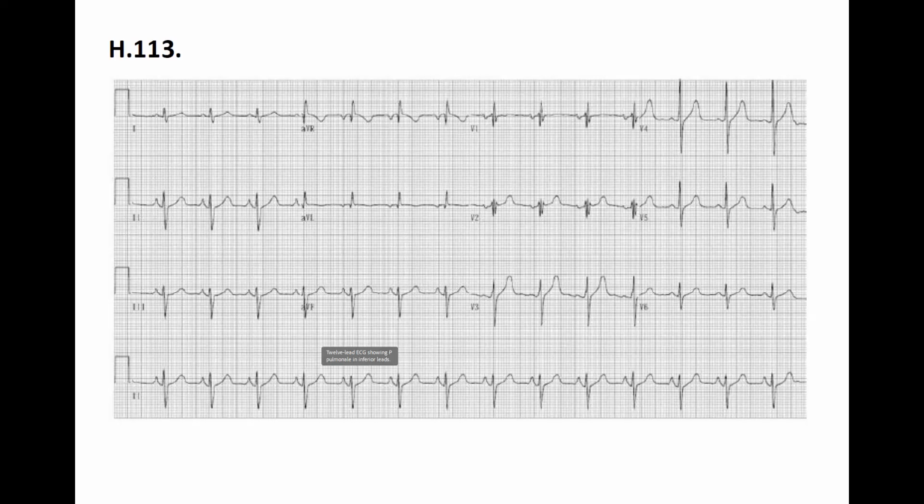Okay, so what we have here is a rhythmic ECG. Heart rate, it's slightly over 3 squares between, so it's somewhere between 75 and 100 beats per minute. Heart axis, well, lead 1 is low amplitude, but I'd say slightly positive, verging on equiphasic.